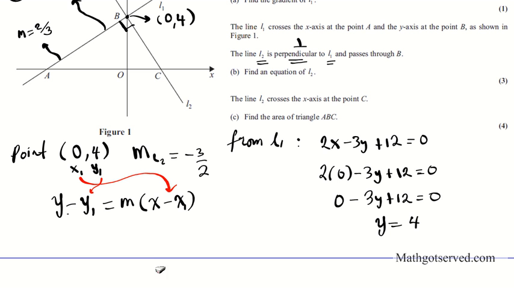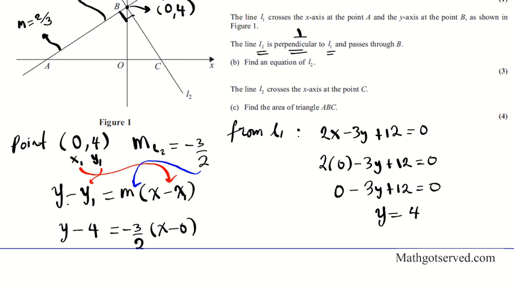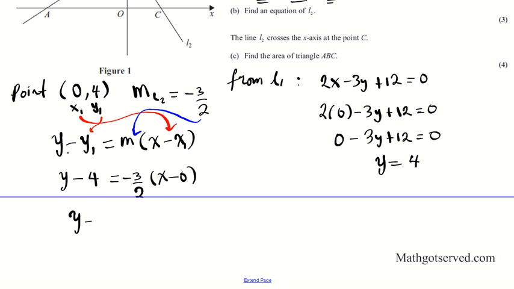That gives us y minus 4 equals negative 3 over 2 times x minus 0. Simplifying a little further, we have y minus 4 equals negative 3 over 2 x. So that is the equation of L2.